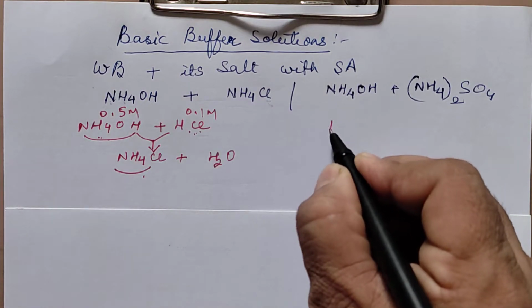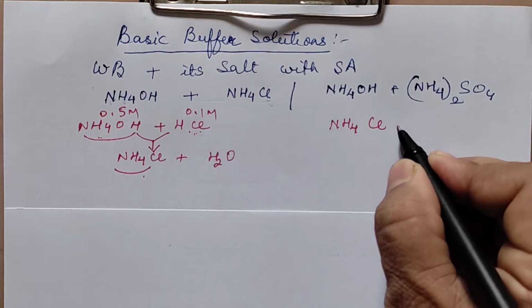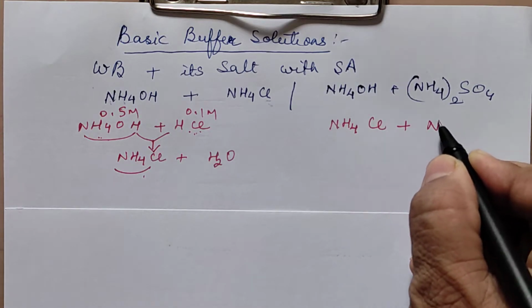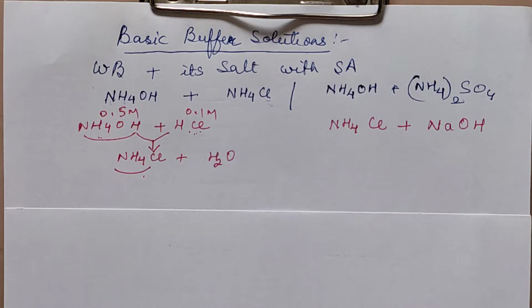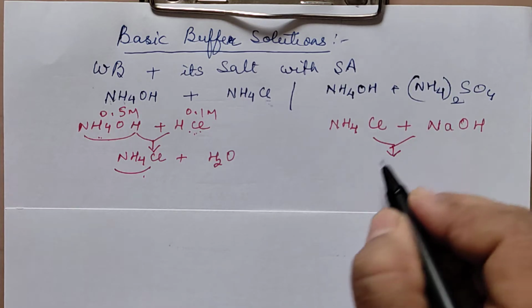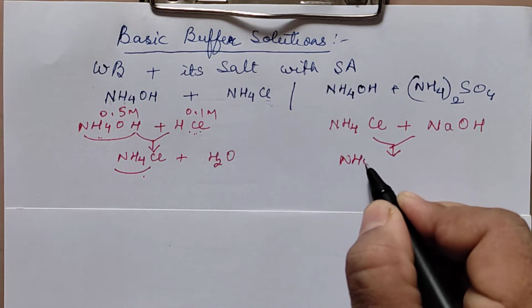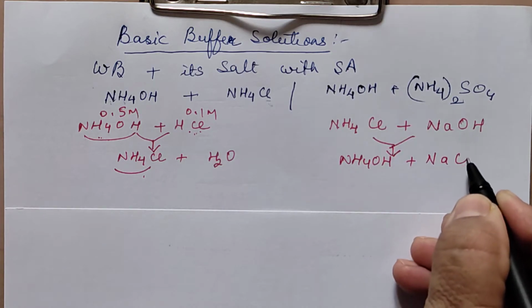You can have another example of a similar type, like if you have ammonium chloride and NaOH. Even this doesn't seem to be a basic buffer solution, but what if they react? If the two react, it will result in the formation of ammonium hydroxide and sodium chloride.